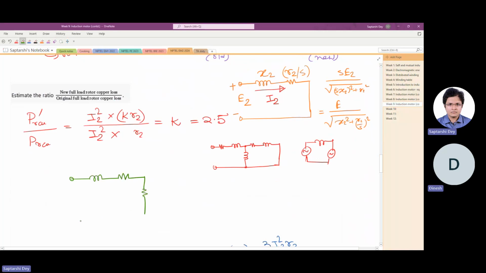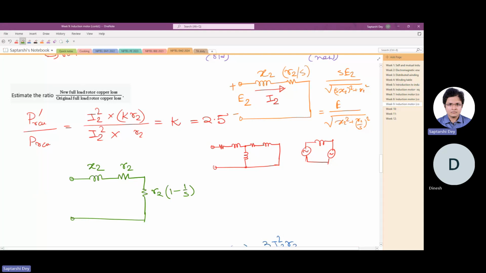So what the circuit looks like now, the rotor circuit is actually like this: R2 (1 minus 1 by S). You can think of it in this way also.